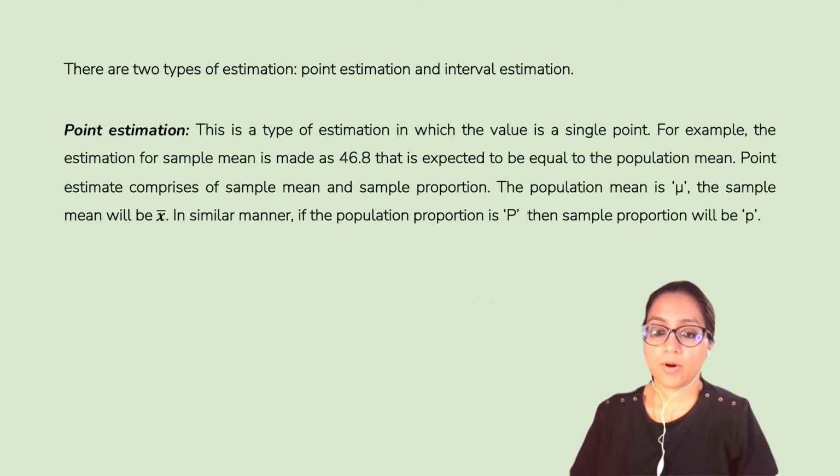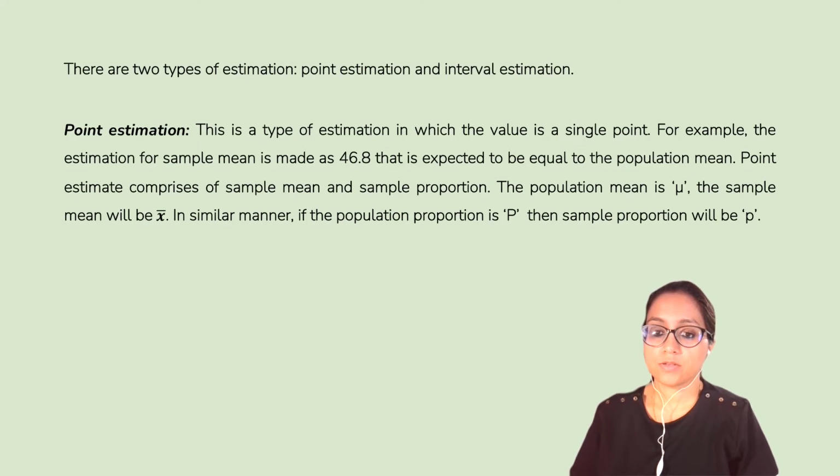Okay, in point estimation, you estimate a single point. Okay, so this is a type of estimation in which the value is a single point. For example, the estimation for sample mean is made as 46.8. Suppose this is the estimation for sample mean that is expected to be equal to the population mean.